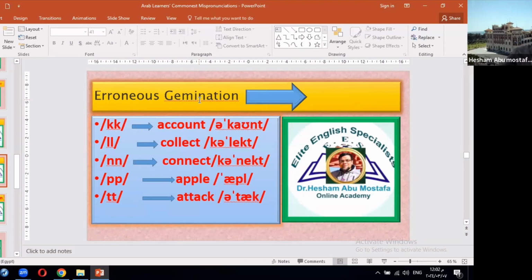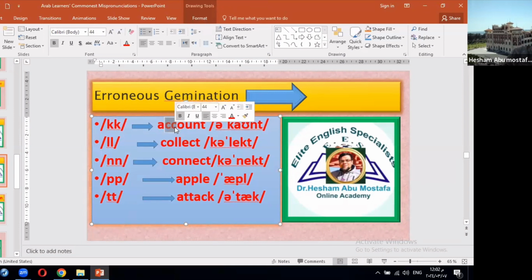Many students think that when you double the letter, this letter would make two sounds. But we call this a digraph, in the sense that here we have double c, but we have only one k sound, not two sounds.